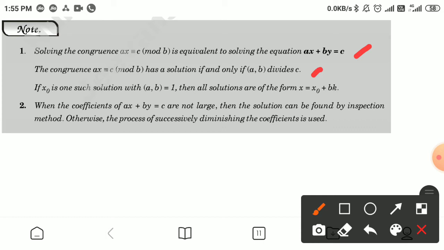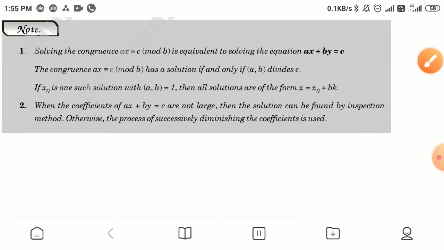If x naught is one solution with gcd of a and b equal to 1, then all solutions are of the form x equal to x naught plus bk. Second, when the coefficients of ax plus by equal to c are not large, then the solution can be found by the inspection method. Otherwise, the process of successively diminishing the coefficients is used.